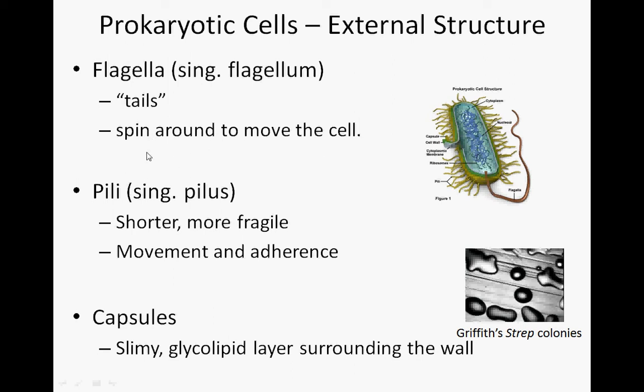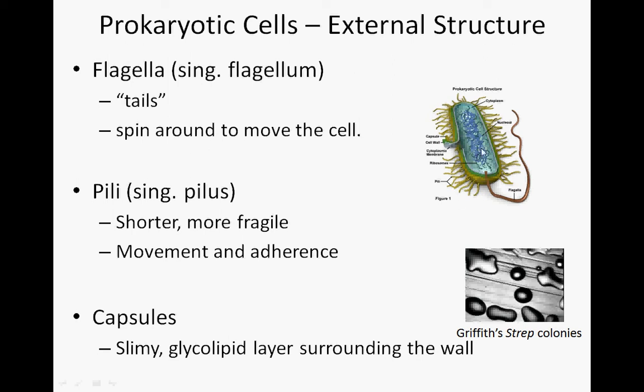In addition to flagella, we have a structure called pili. This is again a plural word, the singular is pilus if you're talking about one of them. So pili are much shorter than flagella, and they're much more fragile. Like flagella, pili can be involved in cell motility.